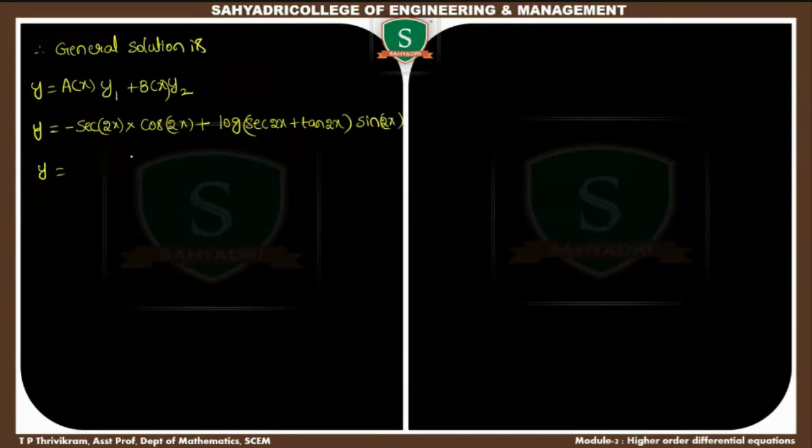So y is equal to how much? The first gets cancelled: minus 1 plus sin 2x into log of secant 2x plus tan 2x.